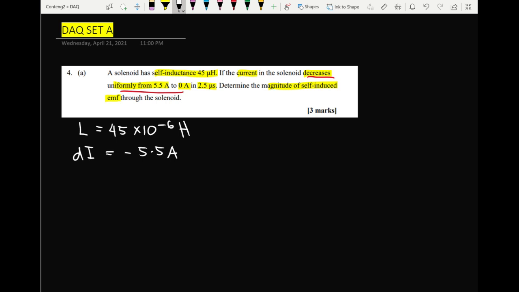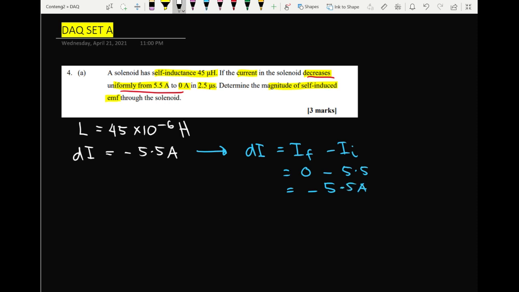Why negative? Because for the change in current, it should be the final value minus the initial value, and the final value is 0 while the initial value is 5.5. That's why we get the change of current as negative 5.5 ampere.